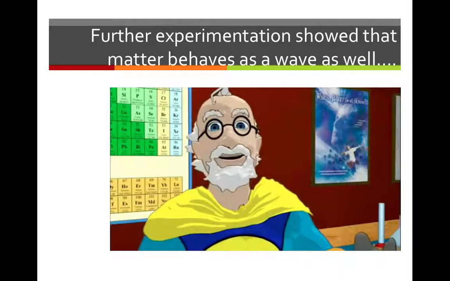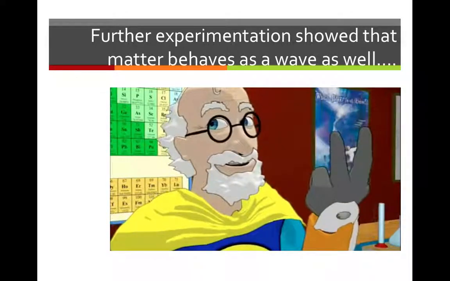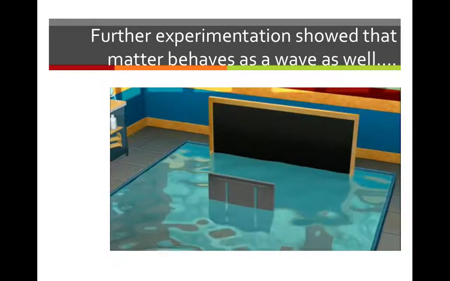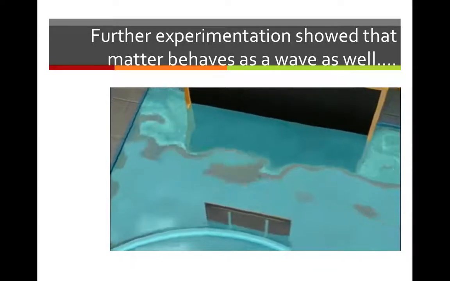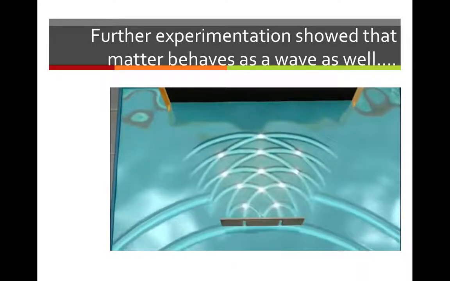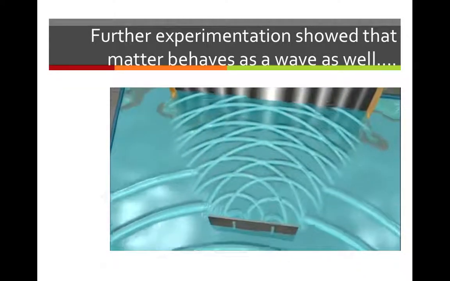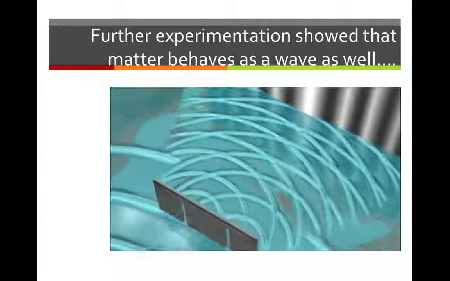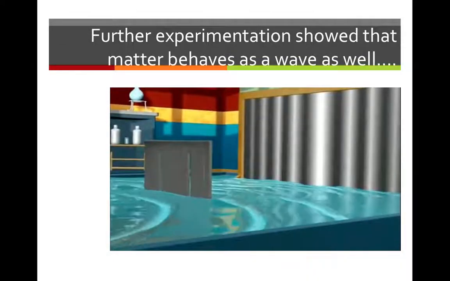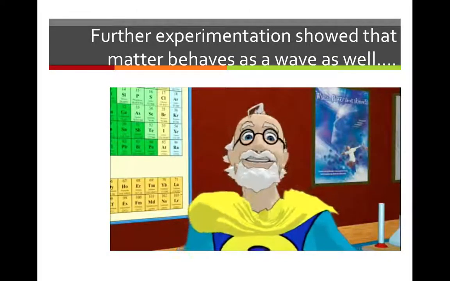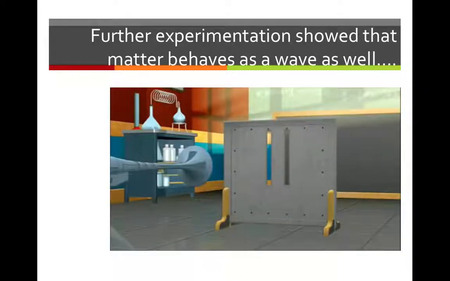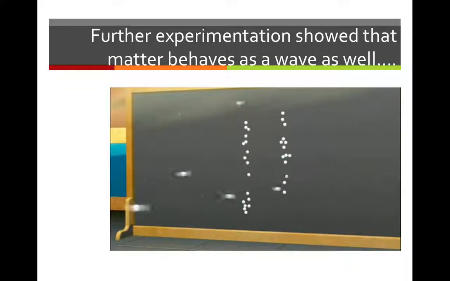But when we add the second slit, something different happens. If the top of one wave meets the bottom of another wave, they cancel each other out. So now there is an interference pattern on the back wall. Places where the two tops meet are the highest intensity, the bright lines, and where they cancel, there is nothing. So when we throw things, that is matter, through two slits, we get two bands of hits.